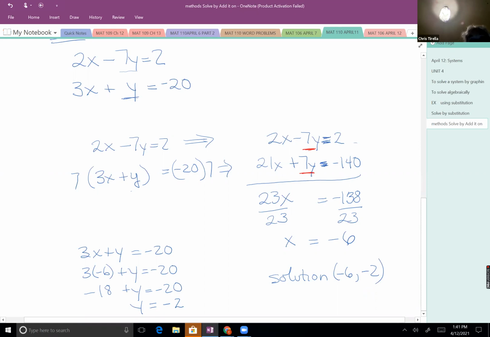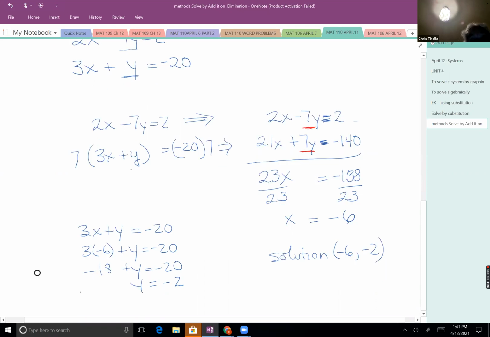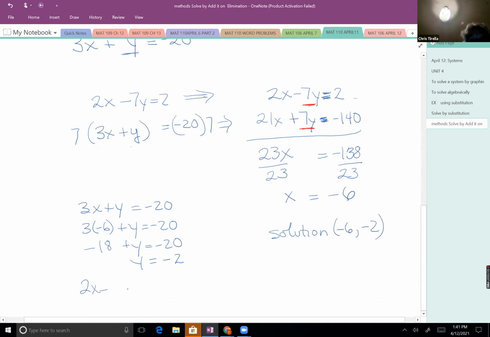And again, I would have to check in both the 2x minus 7y equals 2 and the 3x plus y equals negative 20.